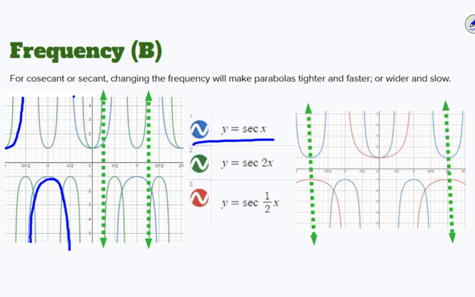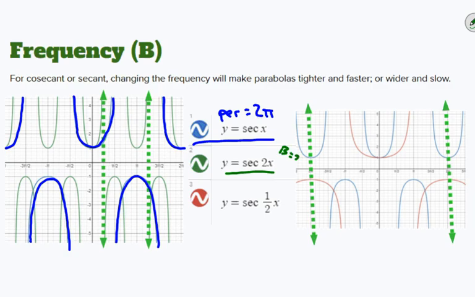Remember the period here is equal to 2 pi. Now when I go to secant 2x, b is 2. So now my period is going to be divided by 2. 2 pi divided by 2 is pi.